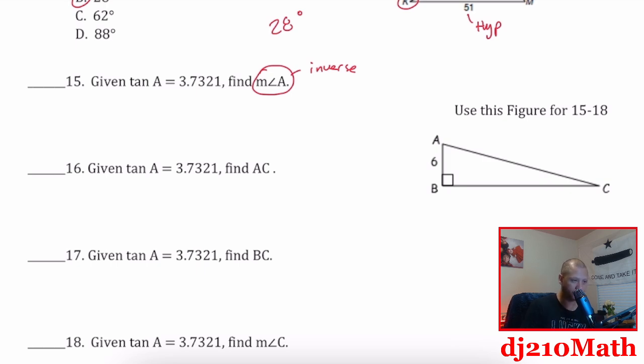All they gave us was tangent of A. So I'm going to say inverse tangent of whatever they gave me, 3.7321. Inverse tangent of 3.7321 is 75 degrees.